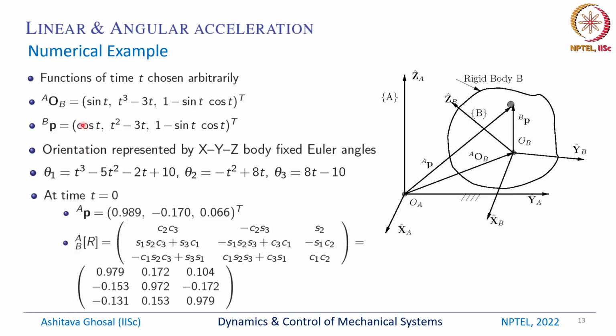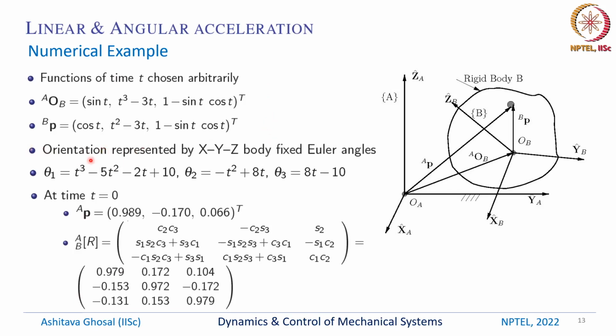Okay, so the point P in the B coordinate system is also changing as cos t x component, t square minus 3t is the y component, and z component is 1 minus sine t cos t. So as I have said, this is chosen arbitrarily.